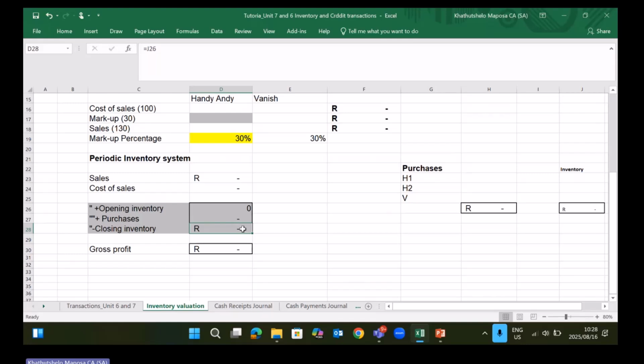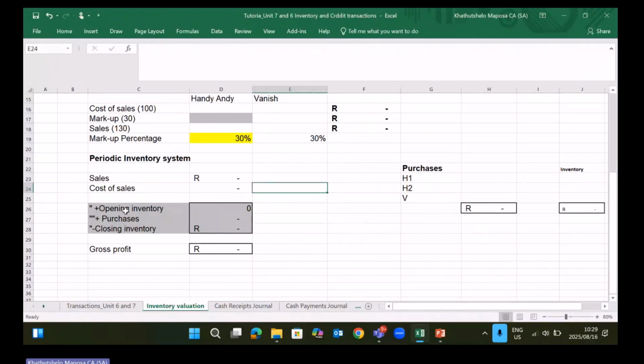And cost of sales, as we have indicated, does not go per transaction here on the periodic inventory system. It gets calculated at the reporting period, meaning at the end of the month or at the end of the year, when we are reporting. Then we calculate it. How do we calculate the cost of sales? There is a formula which is contained on that page, which I showed you earlier in your study guide.